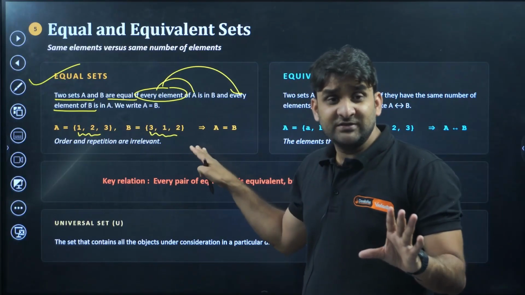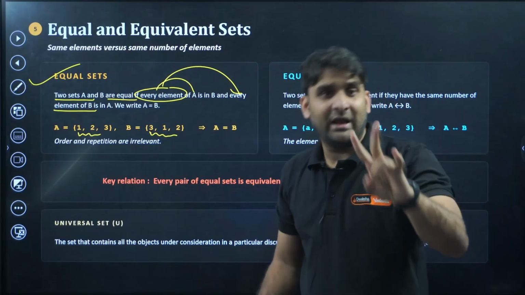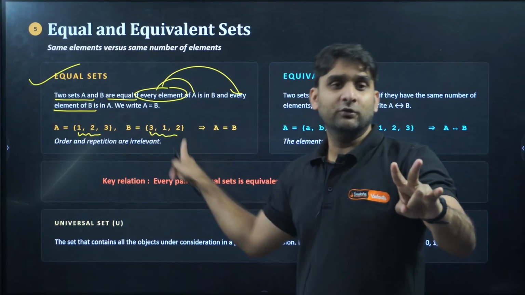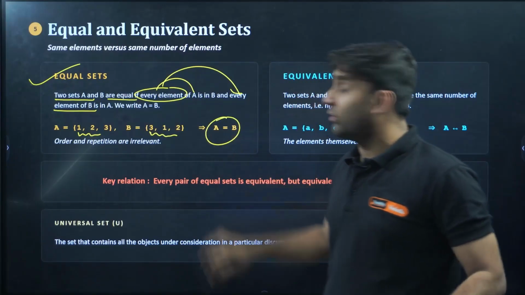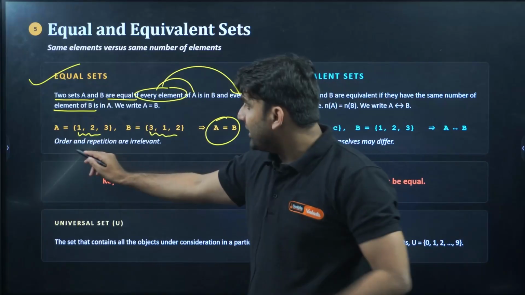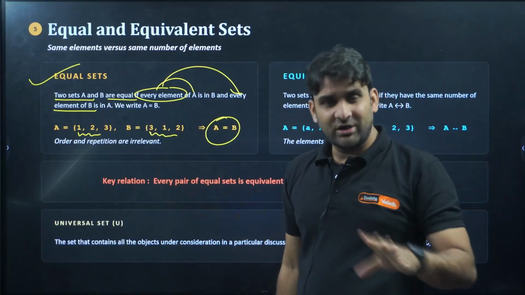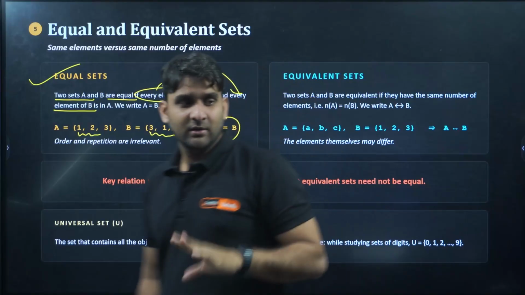The only difference is that the elements are in random order, but the elements are identical. Such sets are called equal sets, not equivalent. Order and repetition are irrelevant in sets; you can ignore the order.